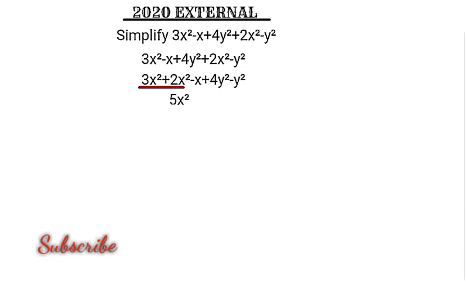Then I'm also going to write minus x, because x is just alone. Then 4y squared minus y squared, the one I've underlined there, will give us 3y squared. So this was the correct answer.